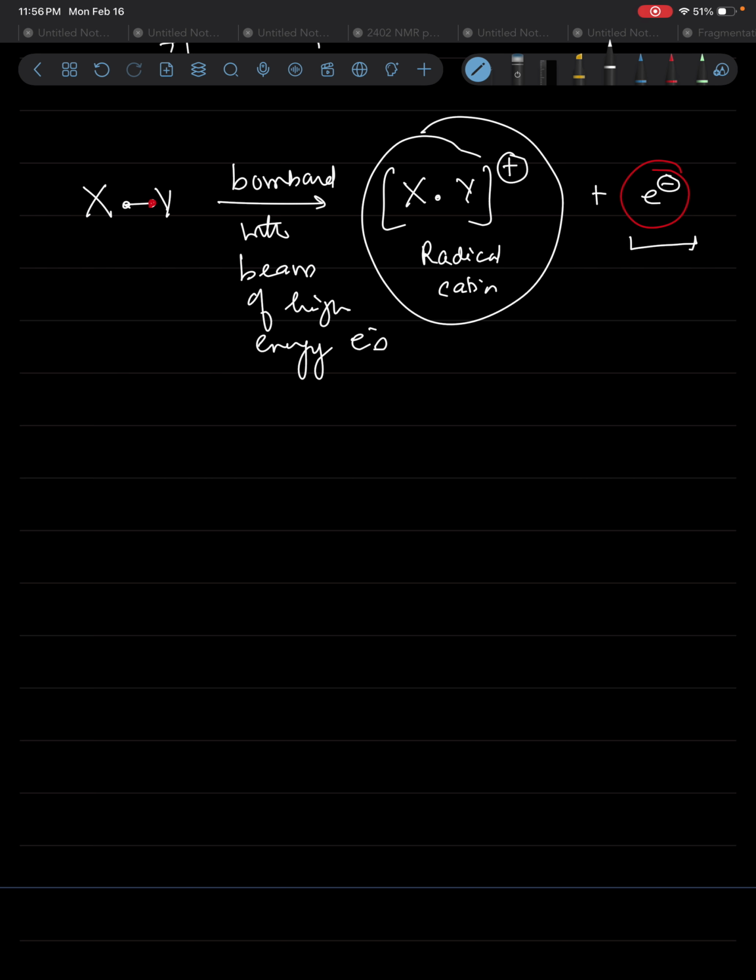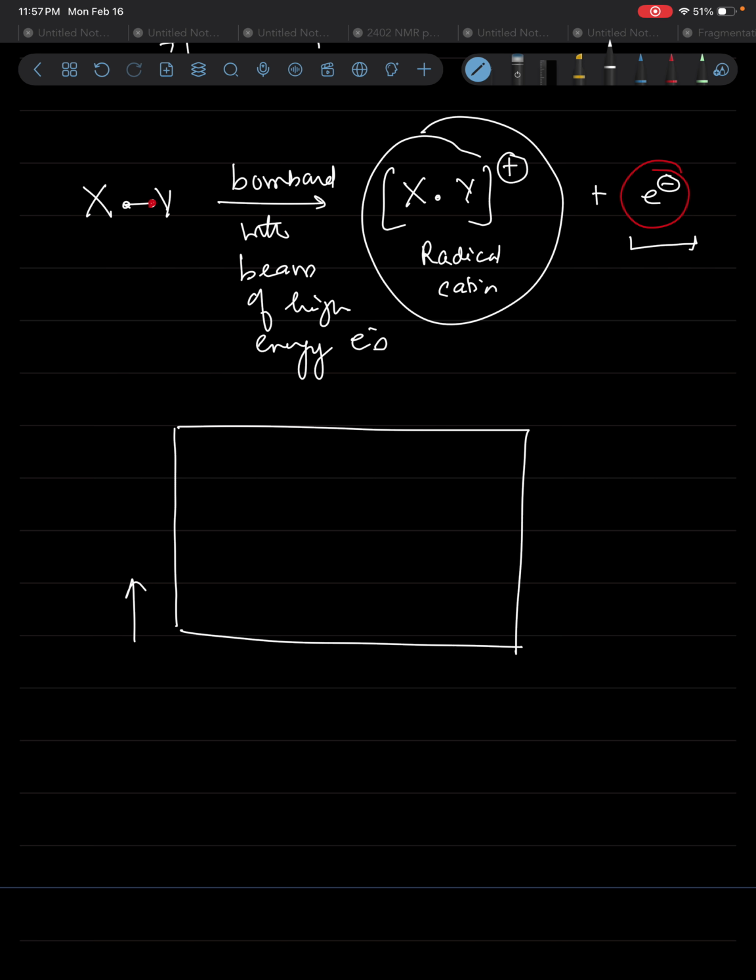And depending on how many cations are formed, we can get a graph which is called a mass spectrum, which looks like this: on the vertical axis we have relative abundance, and on the horizontal axis we have the mass to charge ratio of the ions which are formed, right? Most of the time the charge is plus one only, so the mass to charge ratio mostly represents the mass of that particular cation, right?